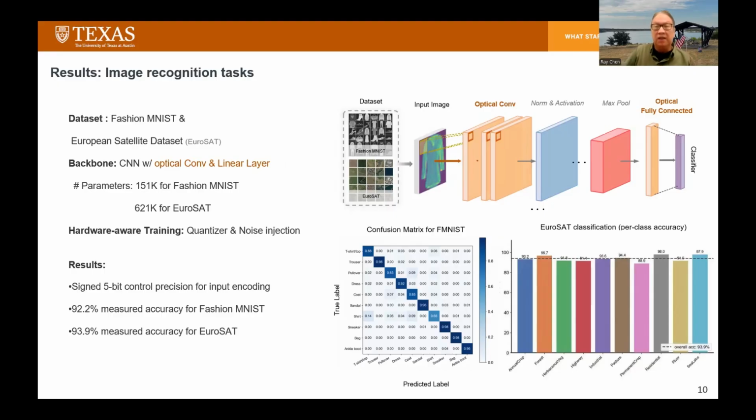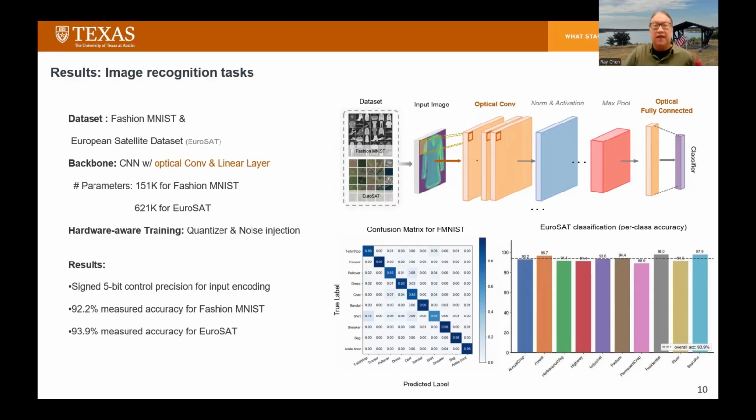The network size is about 151 kiloparameters for Fashion MNIST and 621 for EuroSAT. So we make this realistic for hardware. We use hardware-aware training, including quantization and noise injection, so the model learns to tolerate limited control precision and device noise.